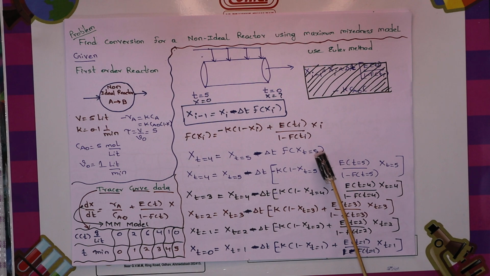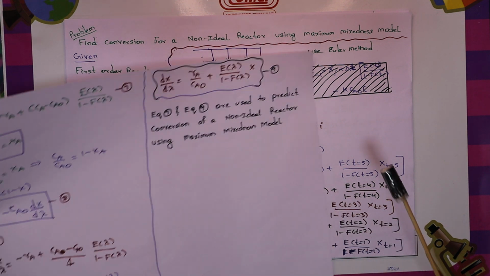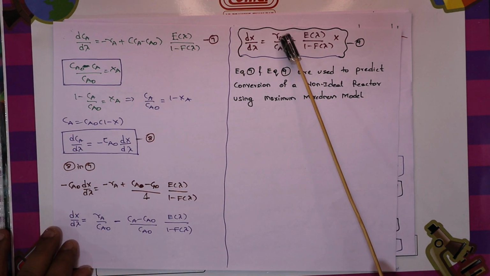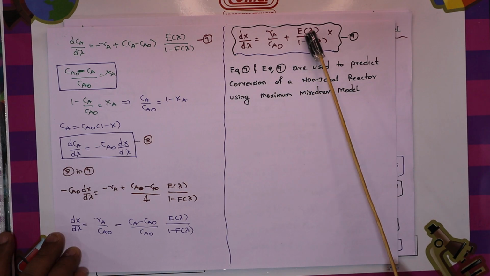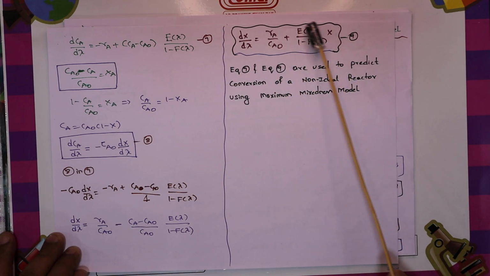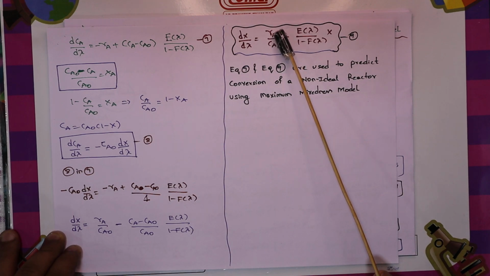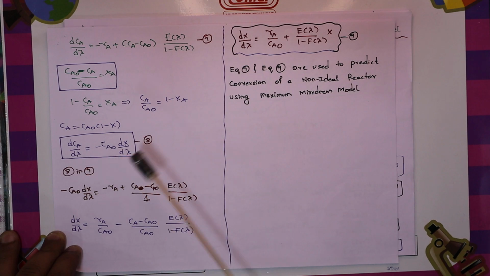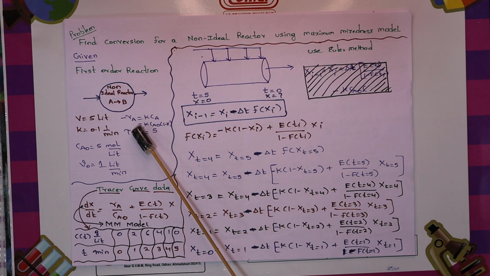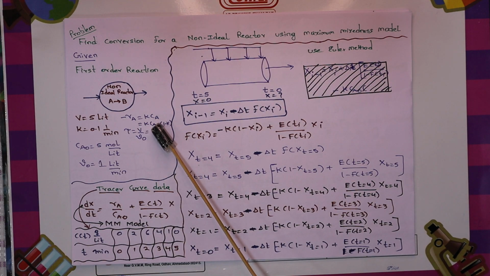Then how to get the information of the function? The function is given. That function is minus RA by CA0 plus E of lambda by 1 minus F of lambda into X. This is the function. The RA equal to minus KCA, we already know this information. That means this particular information is already provided.